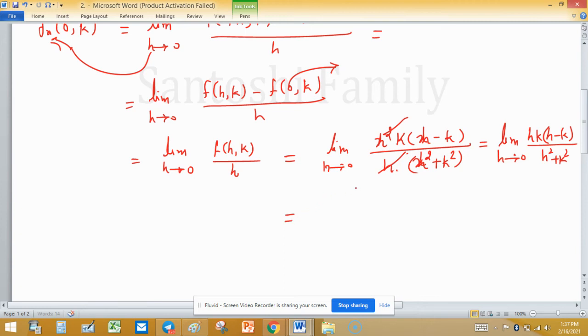As h tends to 0, the value of this one is 0 upon 0 plus k square, and this equals 0.